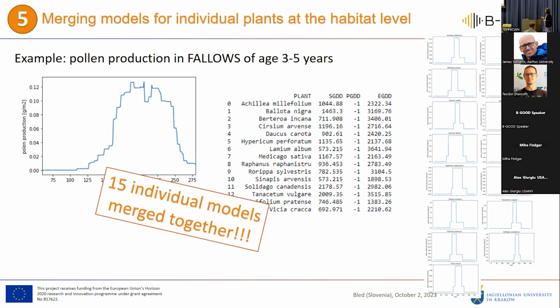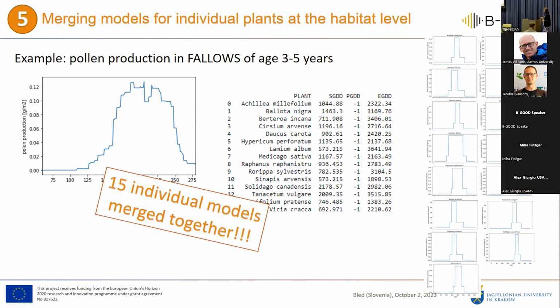But then the next step was to put it all together, so all the plants within a given habitat type. And here we have an example of a fallow of age 3 to 5 years, a list of different plant species which are present in this type of habitat. And then SGDD and EGDD, this is the start of flowering and end of flowering in growing degree days.